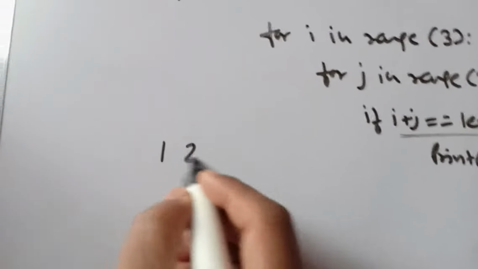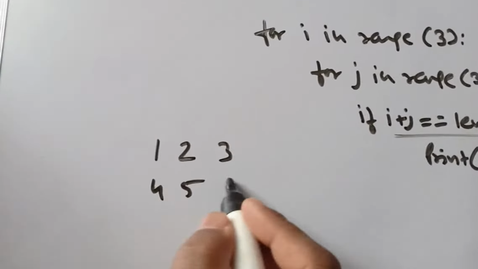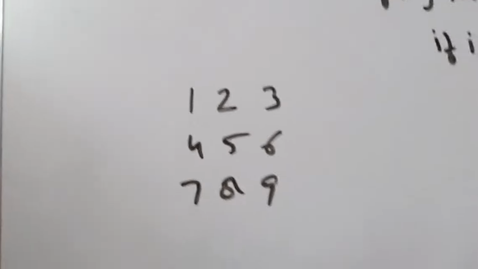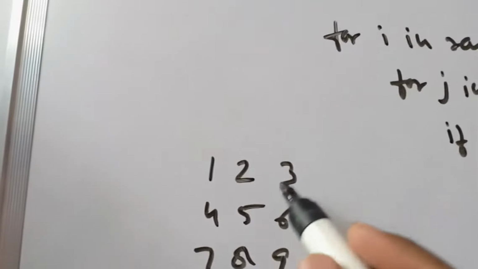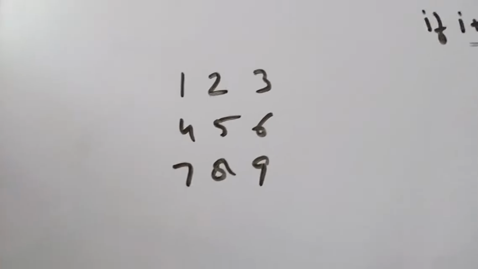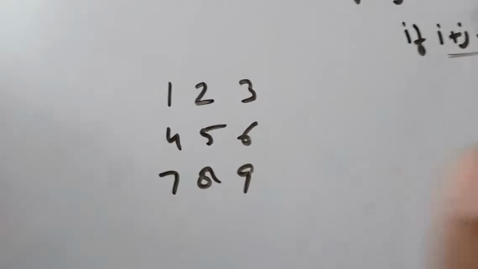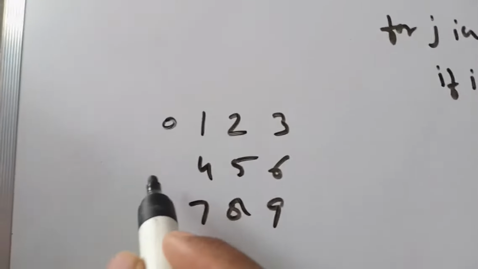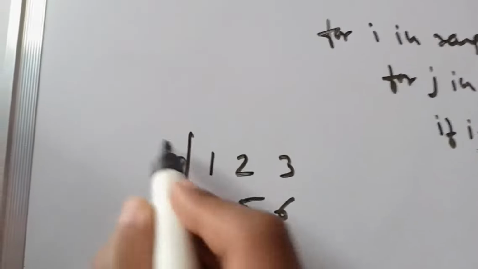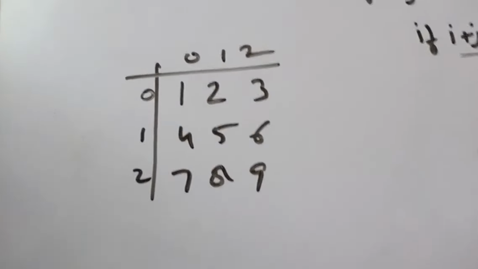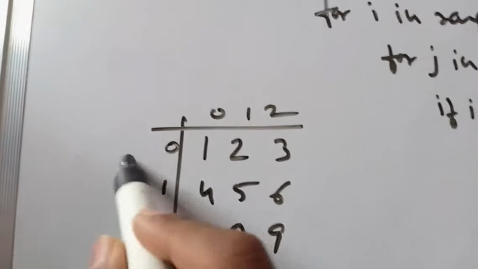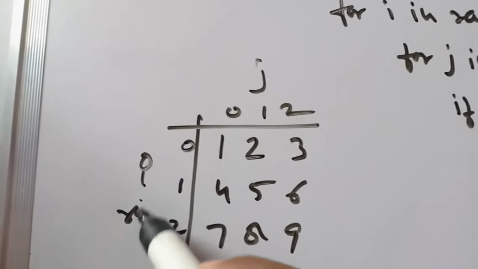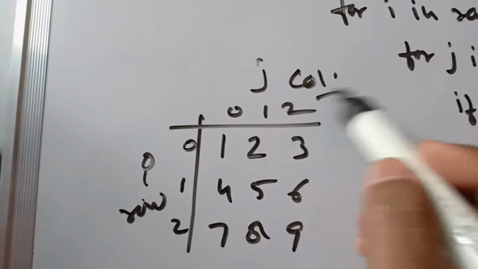For any problem related to this matrix, for the diagonals, for the values below the diagonal, above the diagonal, and a number of problems I will give you to solve, you must create the logic. Keep one thing in mind: every time you create a logic, it will be created with the relation of the addresses of I and J, or we can say the addresses of rows and columns.